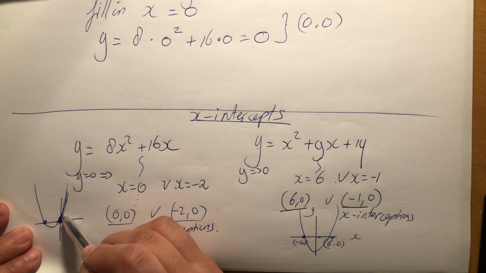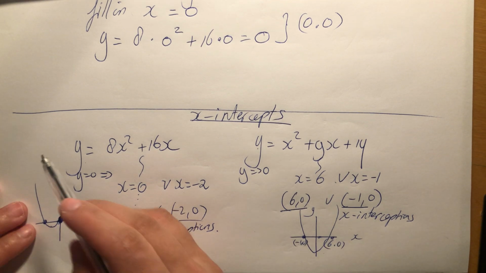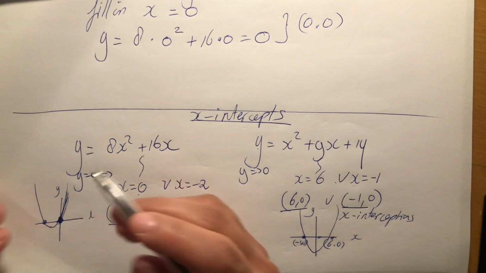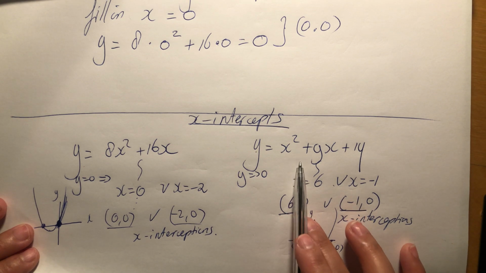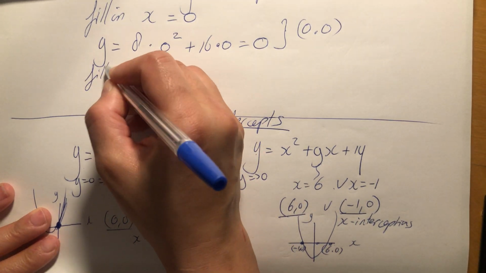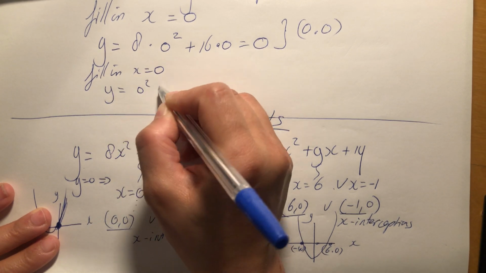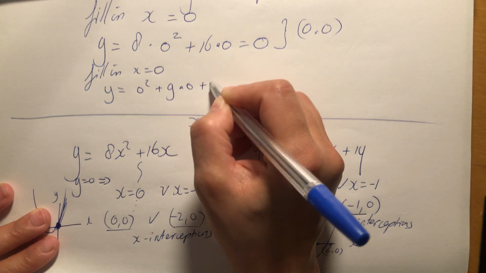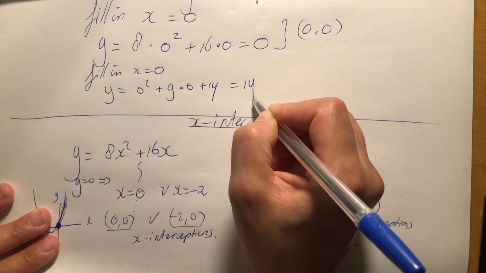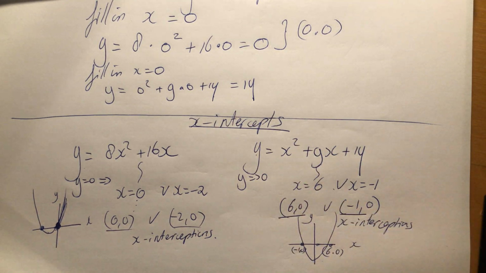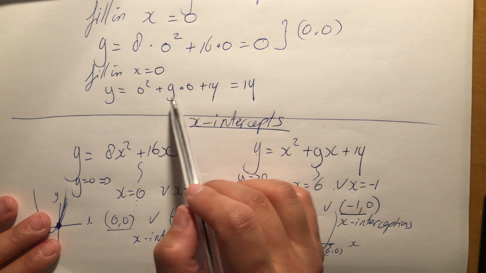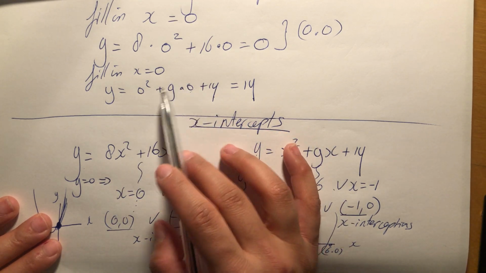So that means indeed, where you see it over here, it's going only through that point. So we made a pretty good sketch. It's not intersecting the y-axis anywhere else. Let's try this one. Fill in x is 0, and we get y equals 0 squared plus 9 times 0 plus 14. You calculate, you get 14. You always get C when you have this form of the parabola.